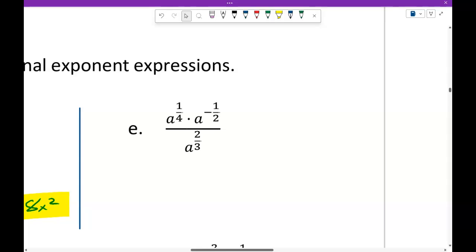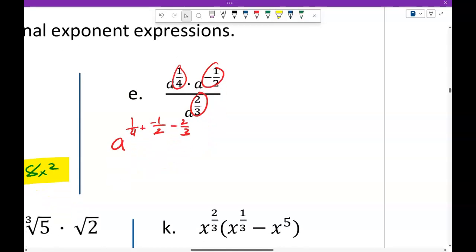I'm going to simplify this and do most of the simplification in just a couple steps. Our product rule says we add these exponents, and then we take that result and we subtract our final exponent. And so we can take 1/4 plus negative 1/2 and subtract 2/3. So what we want is a common denominator for all three of those, which will be 12.